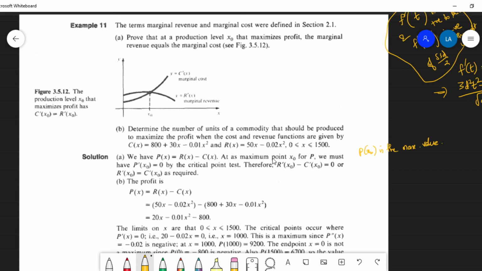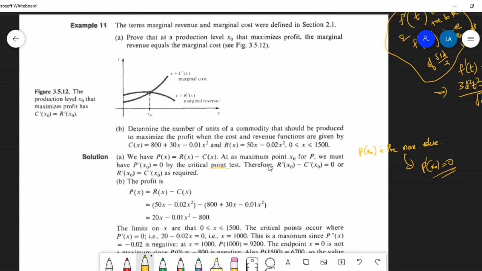Okay, so as the point x naught for p is the maximum point, at a maximum point we definitely will have p dash of x naught is equal to 0. That is known to us, and that x naught is called the critical point, and we call that test the critical point test.